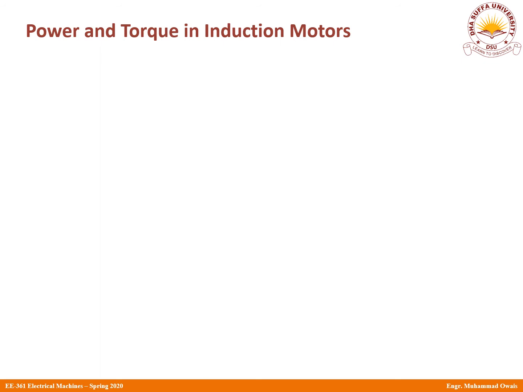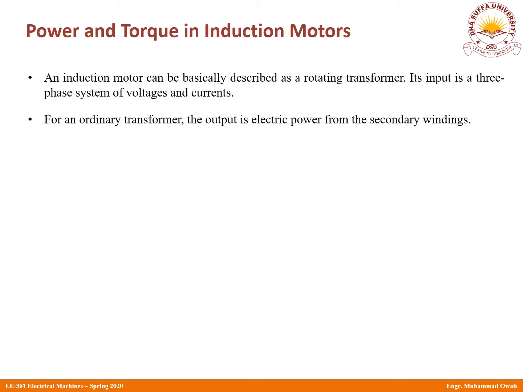So now that we have the final equivalent circuit, let's discuss the power and torque in induction motors. We start again with the same discussion that the induction motor behaves like a rotating transformer, obviously with some differences. Some things are common: there too you apply a voltage at the input, and if it is a 3 phase transformer, you apply 3 phase voltages there. Similarly here also.